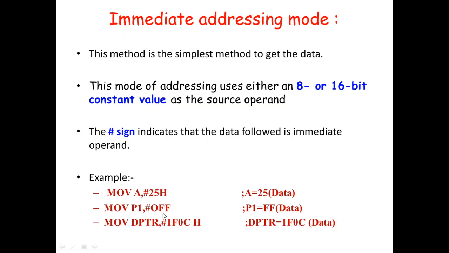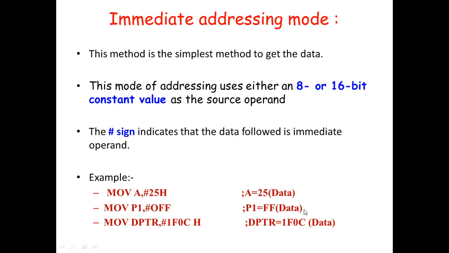The actual number is considered FF only, but while writing the instruction you must write 0, otherwise it will give an error. To avoid that, just remember that before writing any alphabet, you must write 0 there, then only it will accept it, otherwise it will declare an error.